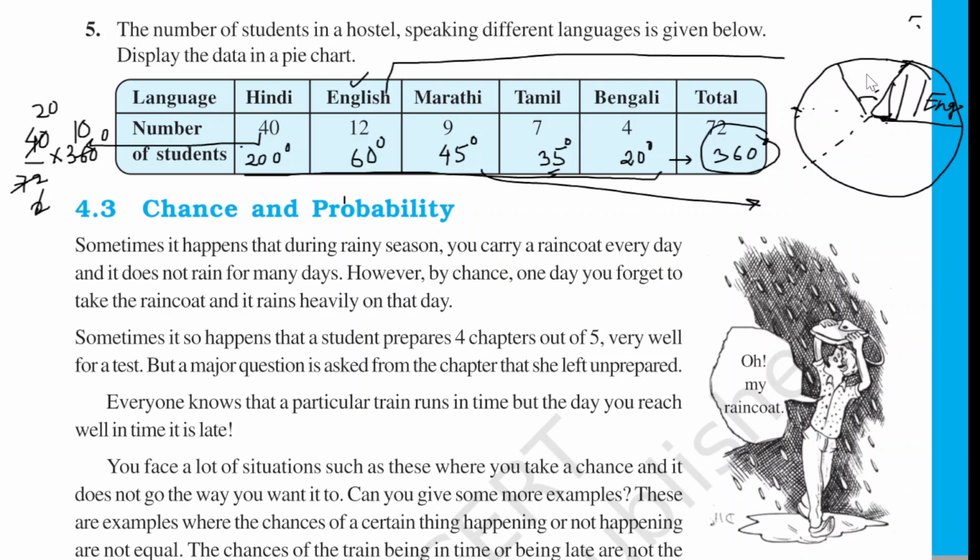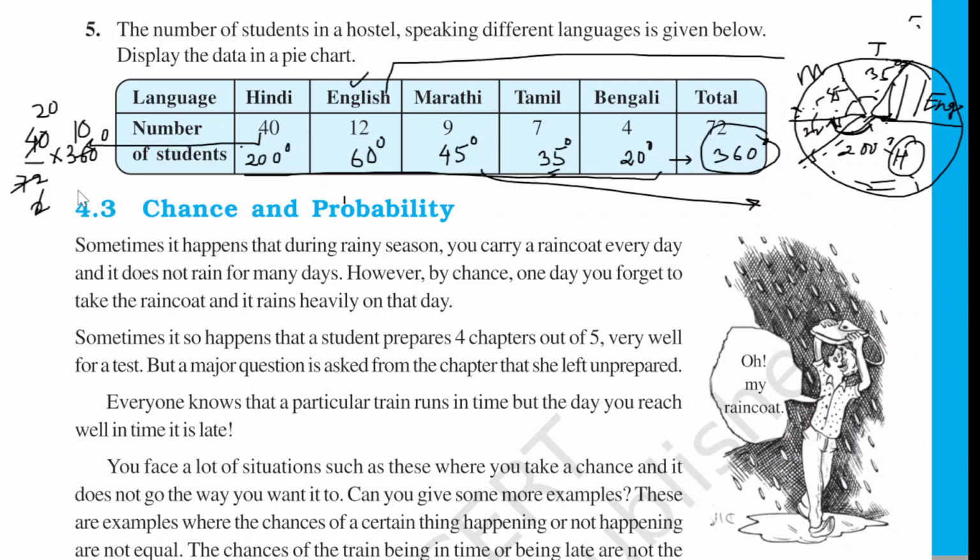Then we keep our protractor on this line, match it like this, and find 45 degrees from here. So we draw 45 degrees for Marathi. Then Bengali 20 degrees, and the angle left will be 200 degrees for Hindi. So this is the end of our pie chart.